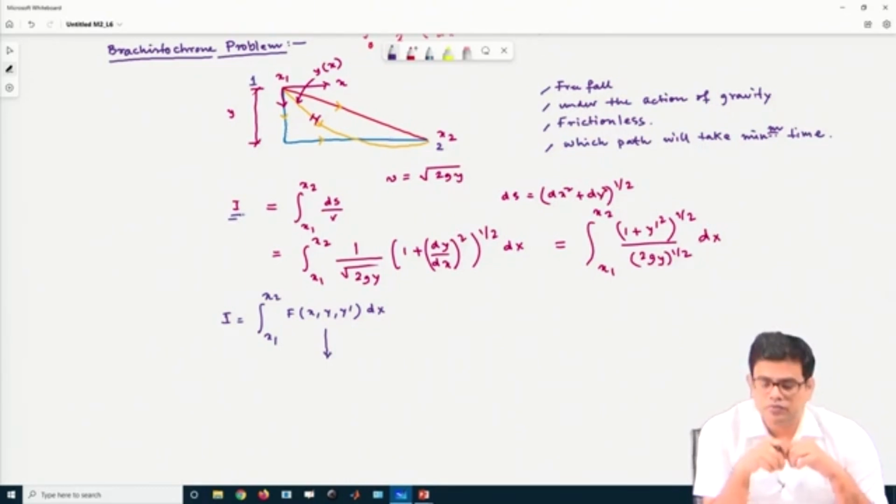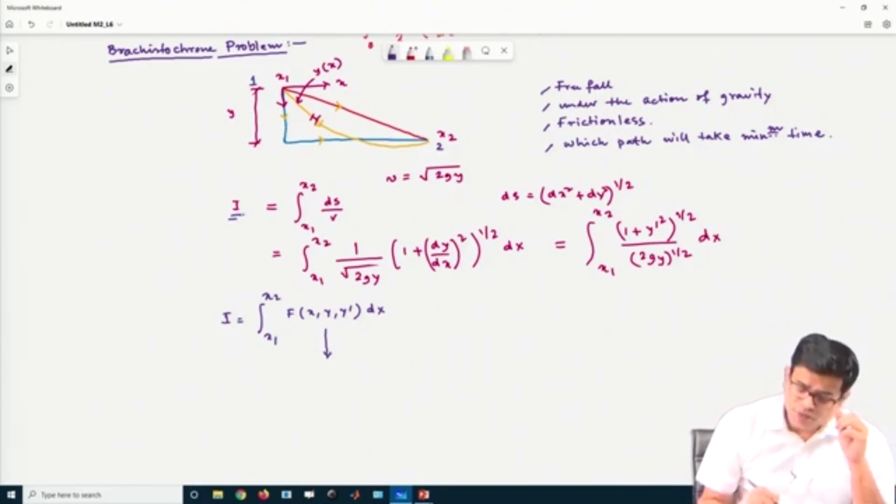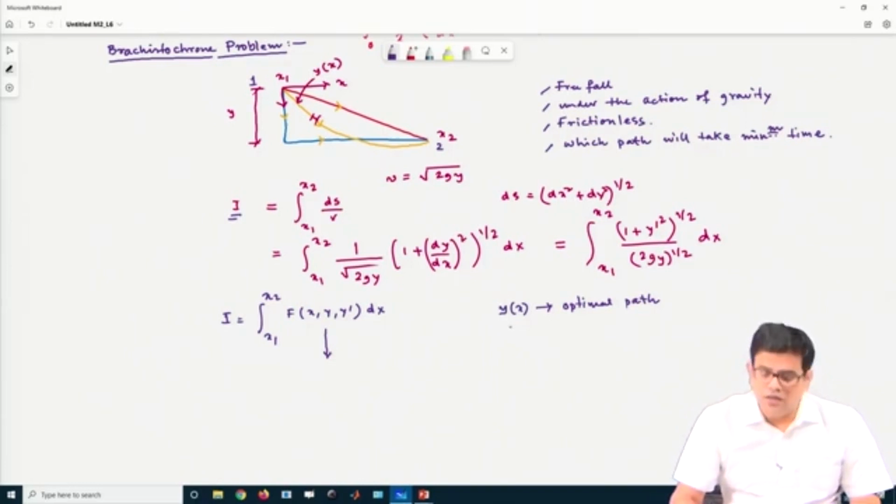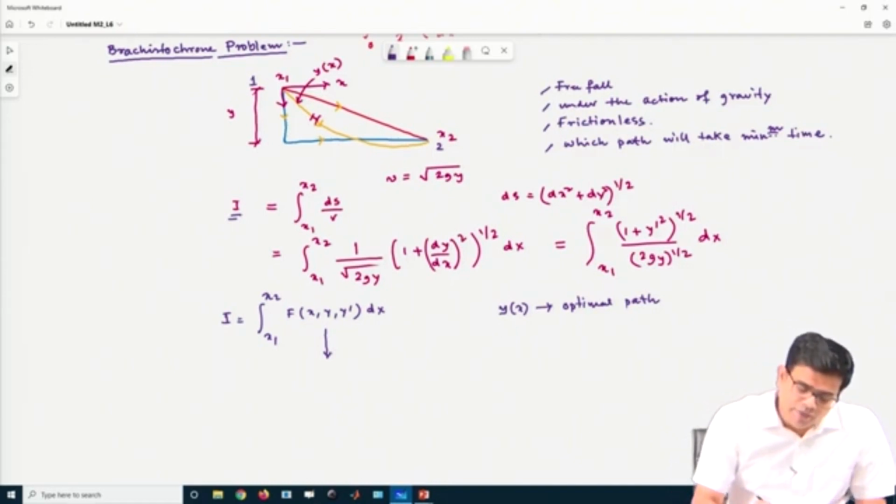Now suppose in this Brachistochrone problem, I take y of x as my optimal path. And the variation of y of x can be any function, right? So the variation can be this line, this line, or any other line.